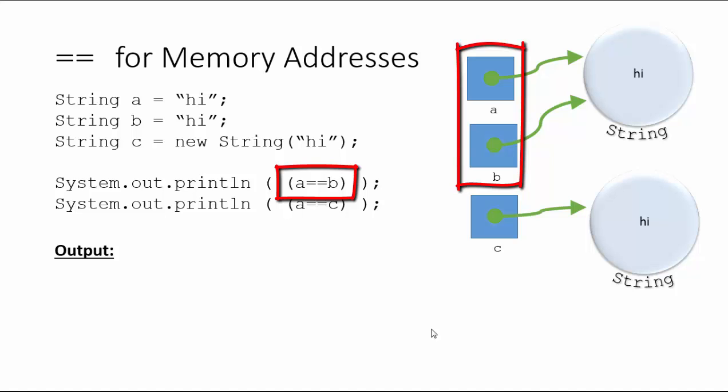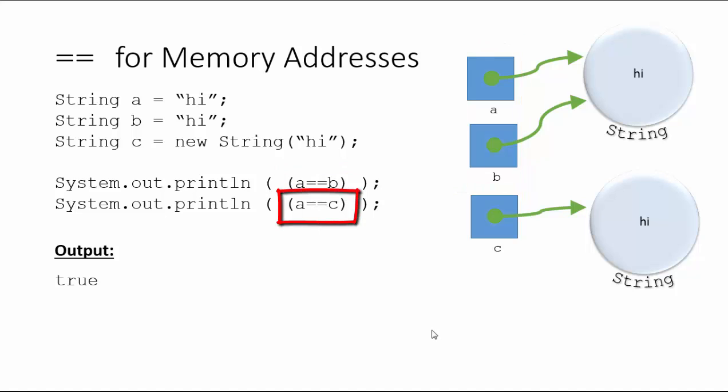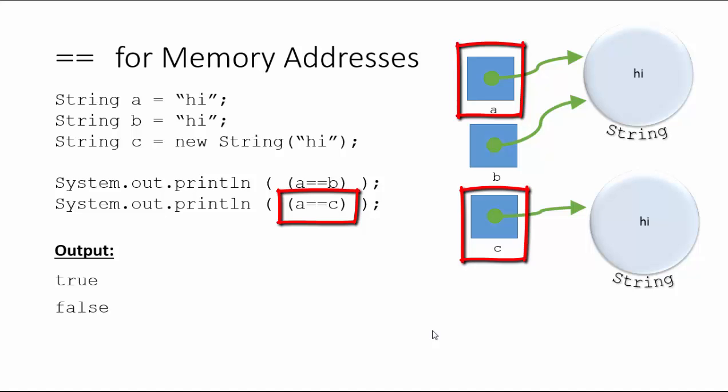Since a and b contain the same address, true is printed. This condition tests the address stored in a and c. They are different addresses, each pointing to a different object. This evaluates to false. The contents of a are not equal to the contents of c.